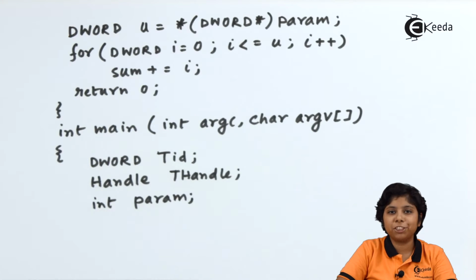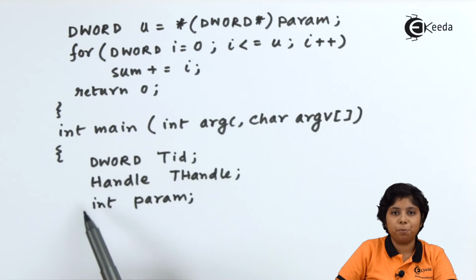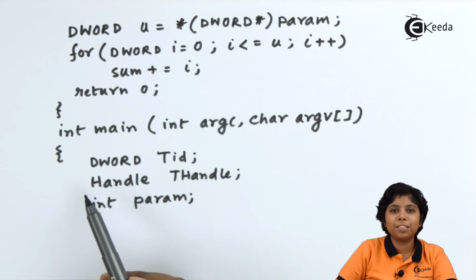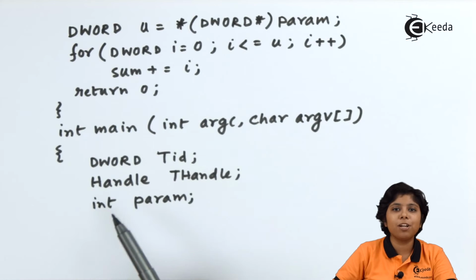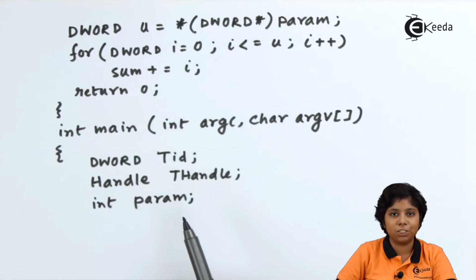First, in the main function, we are declaring three variables. The first variable is the thread ID, which is a unique identifier for the thread being created by the main thread. The next one is the handle to control the newly created thread.